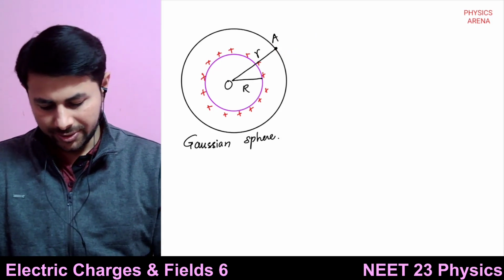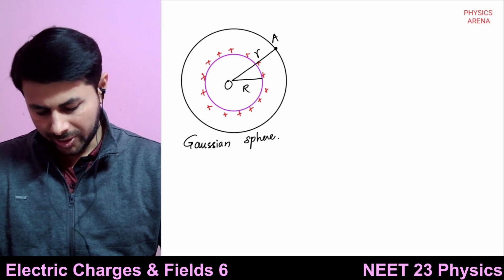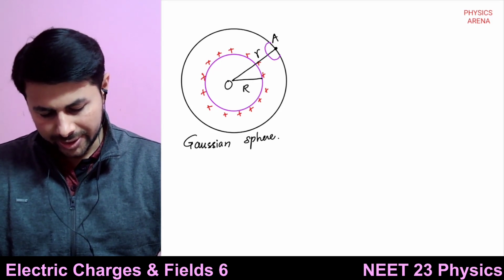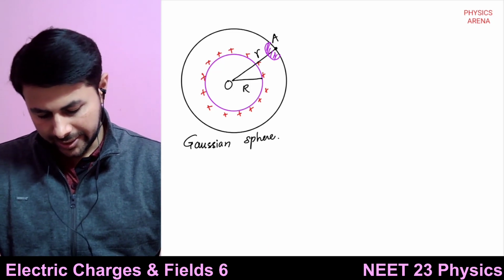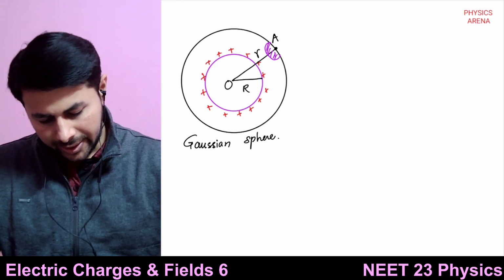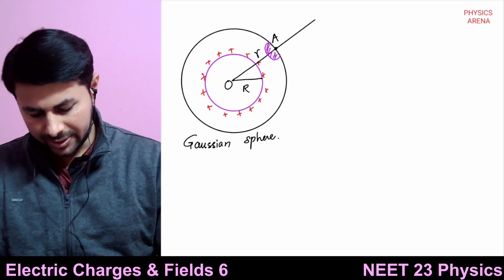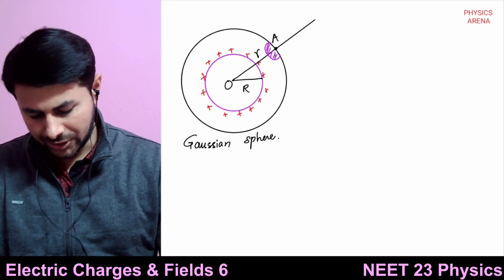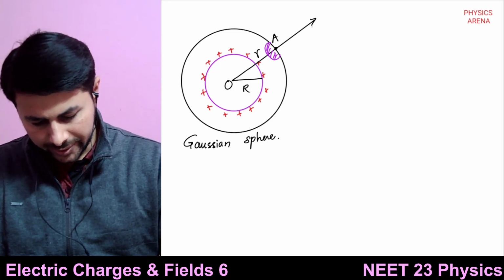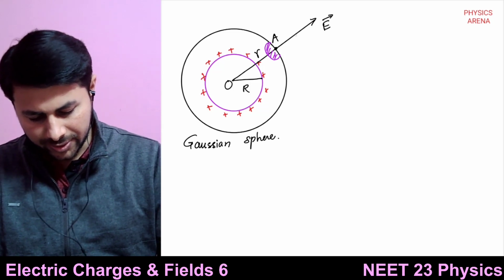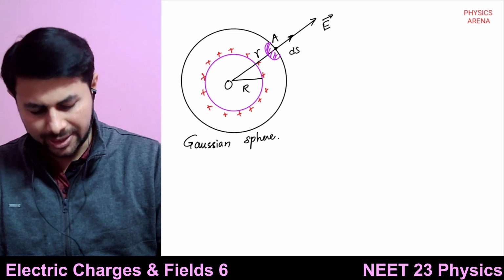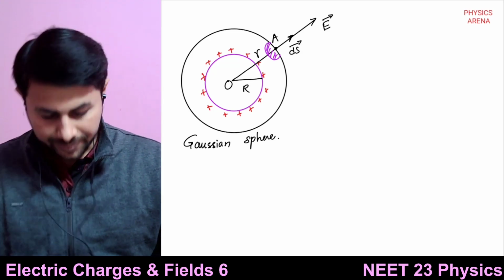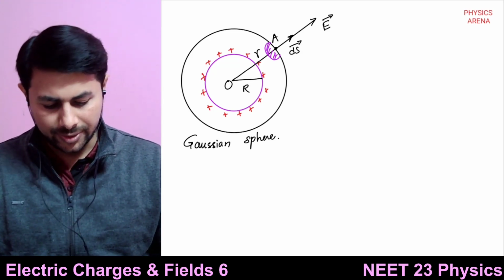If you take a small area around point A, then the area vector and the electric field will be directed in the same direction. This is the direction of the electric field, and also the direction of the small area vector, ds bar.